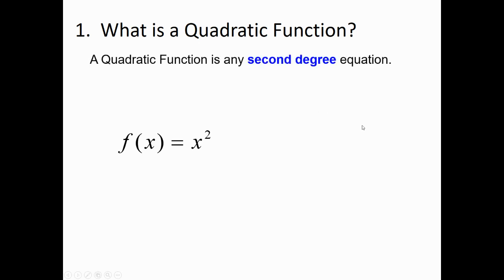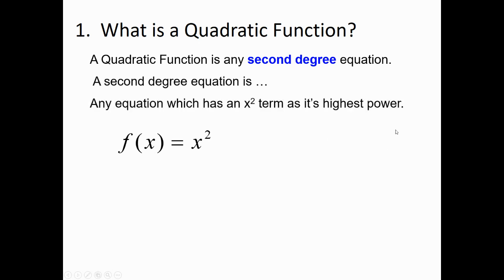It's any second degree equation. So you're probably thinking, what the heck does it even mean to be second degree? And here's what it is. Any equation that has an x squared term as its highest power. So this is the most important thing. You don't even have to write down the second degree equation part of these notes.